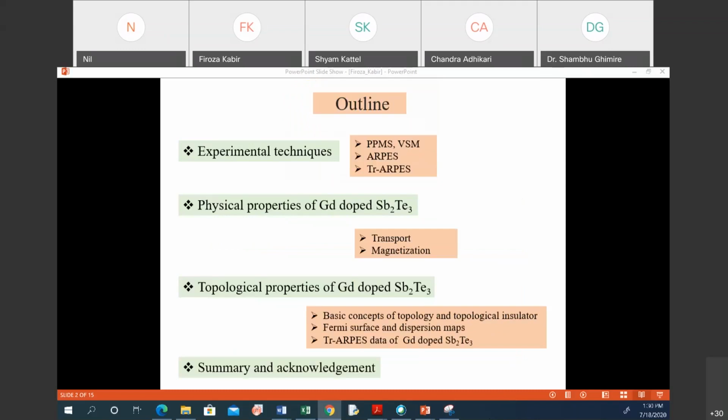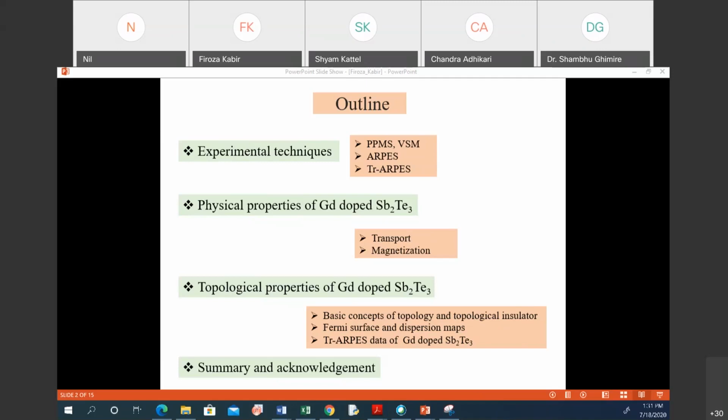We have used PPMS and VSM experimental techniques to find the transport and magnetization properties of gadolinium-doped antimony telluride. Additionally, we have measured the topological properties of the system by ARPES and time-resolved ARPES technique.